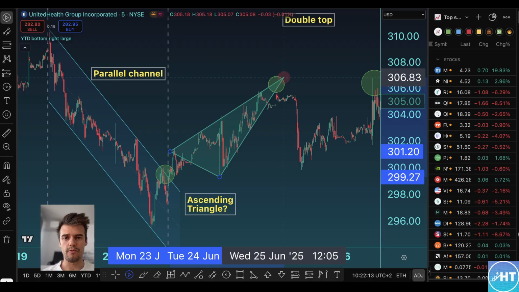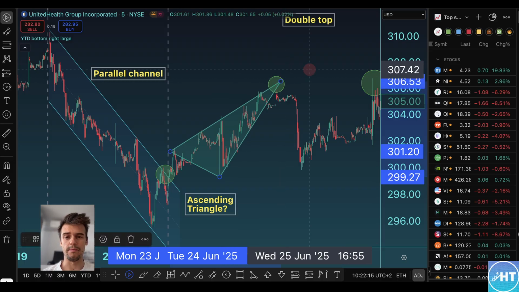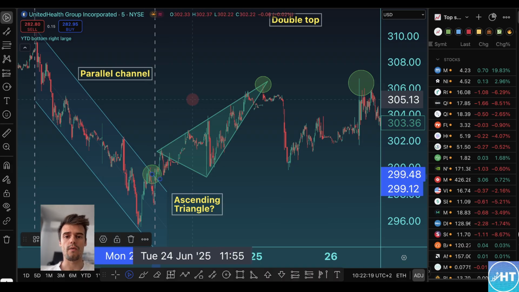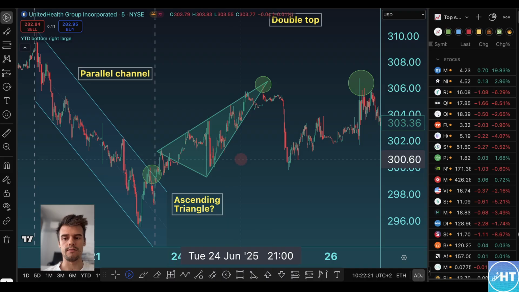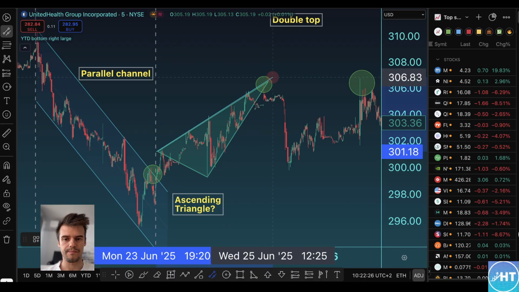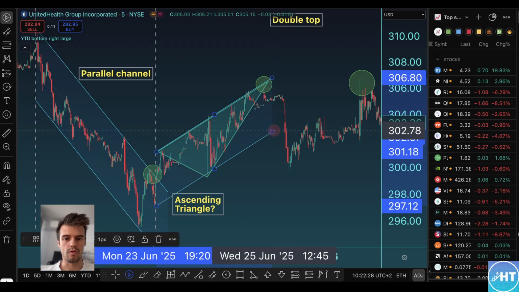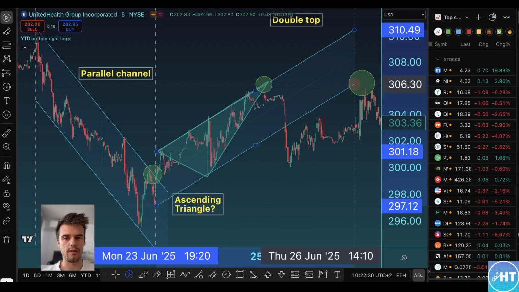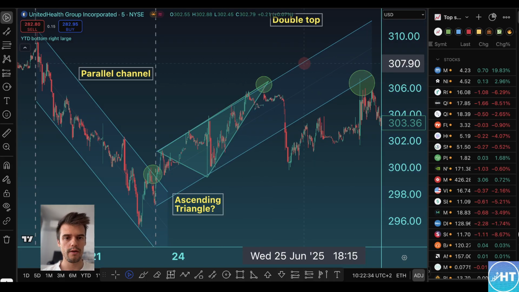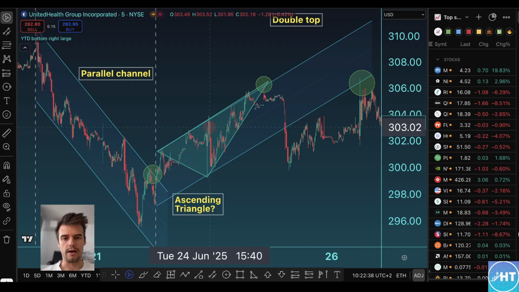The interesting thing about this type of pattern is that sometimes it's very subjective, and I agree with that, because you could also say, all right, and why isn't this another parallel channel? Maybe if you draw it like this. All right, so it could be, and if you take it into account and you put the lines longer, you can see that the retest happened right there, and it could also be a working pattern.